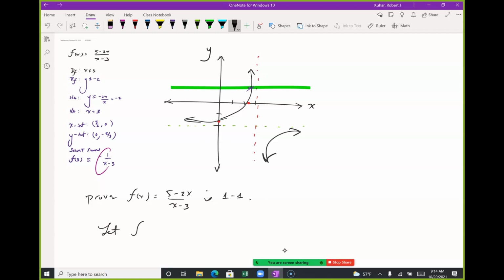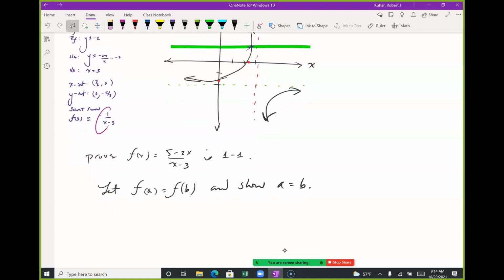f of a has to be equal to f of b. Nice. Let f of a equal f of b. Those are y values. Y values equal should mean the x values are equal. So I get 5 minus 2a over a minus 3 is going to be equal to 5 minus 2b over b minus 3.